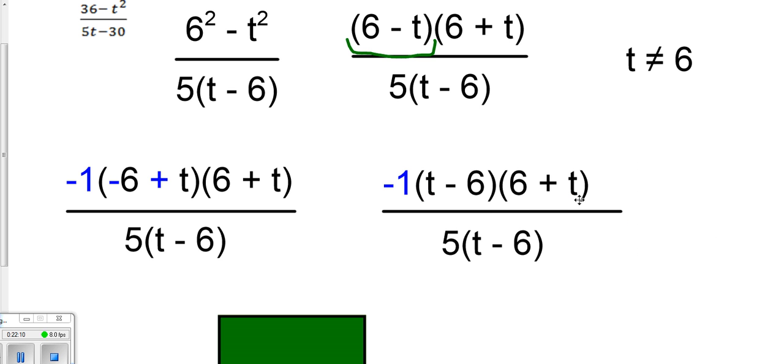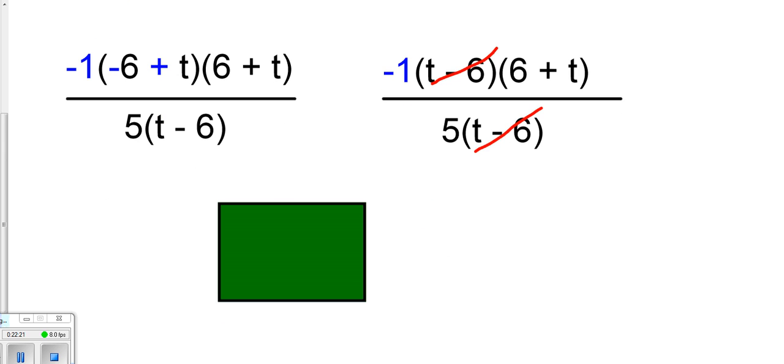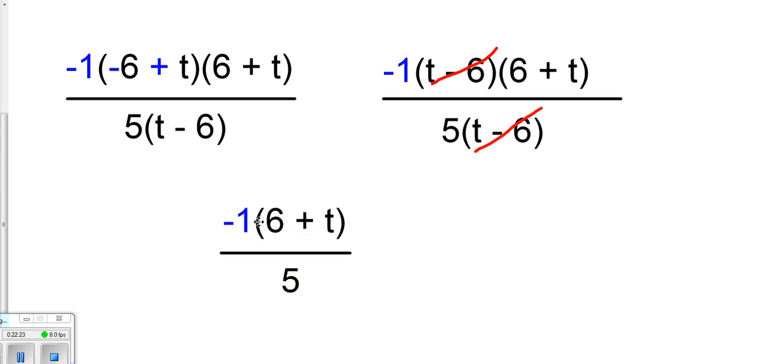When you're adding on a negative, it's the same as subtracting it. Now we can notice that t minus 6 crosses out with t minus 6. What's left over then? Our simplified expression of negative 1 times 6 plus t all over 5. This would be our simplified expression then. And that'll wrap up 9.2.